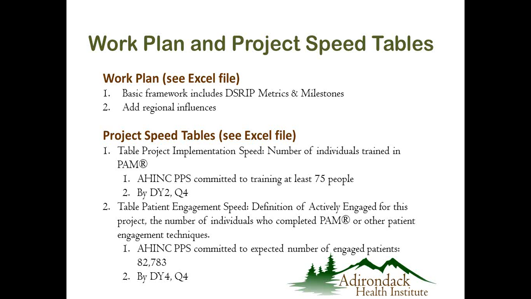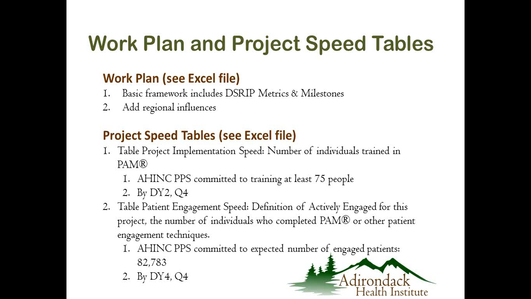So basically what we committed to was that by the end of this year, DSRIP year 1, which begins April 1st, 2015, that by the end of 2015, there would have been 10,000 persons who had completed a PAM. Next year, within the first 6 months of the year, you see 35,000. By the end of the year, 50,000, and so on across the measurement years.